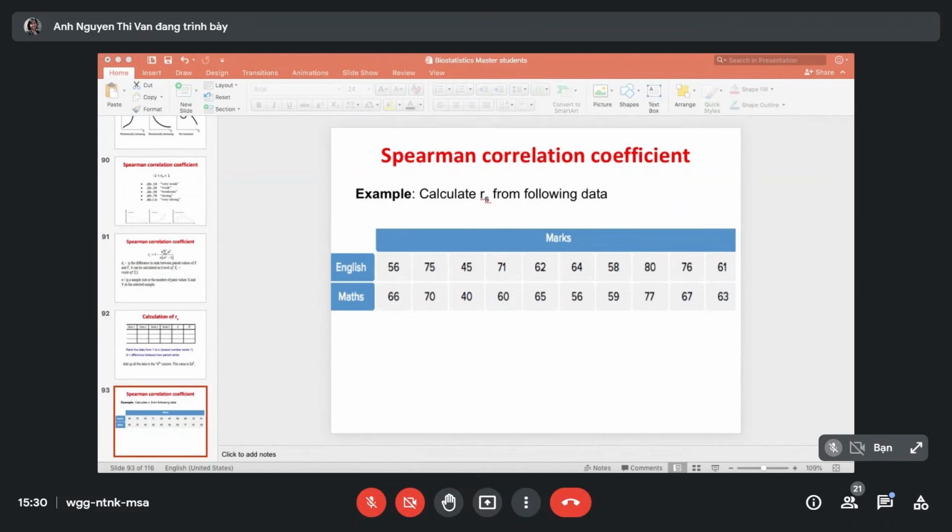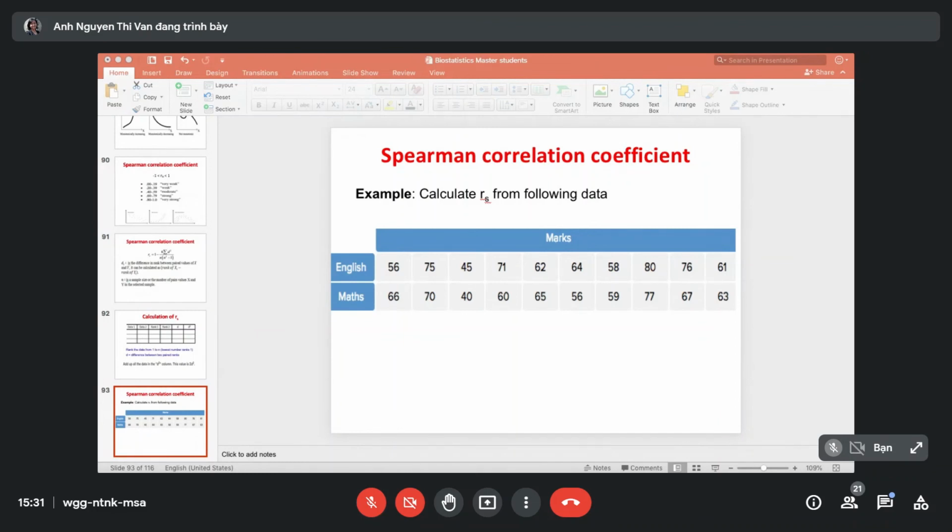But in this case, the question asks us to calculate the Spearman correlation coefficient. It means we are going to use the Spearman correlation coefficient, and you know that it is a non-parametric test.